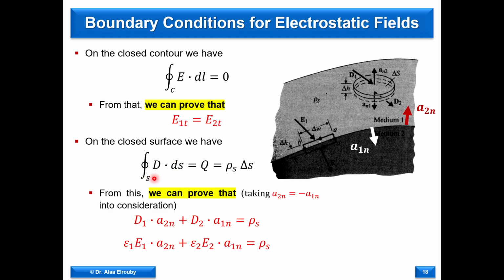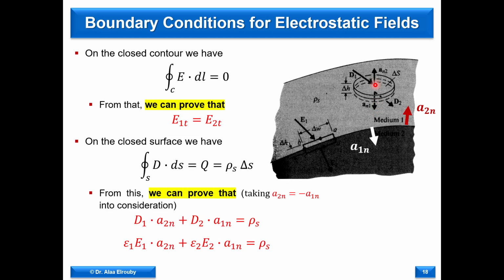The second one is applying Gauss's law, the integral of D dot ds. Because the height is very small, we can neglect the flux out of the side. We have now the flux from the top surface and the flux from the bottom surface.